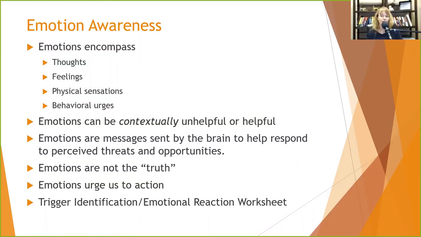Emotions are messages sent by the brain to help respond to perceived threats and opportunities. We've talked about this repeatedly. Our brain is really smart and really stupid at the same time because it reacts based on our prior memories, our experiences combined with our perceptions of those experiences.